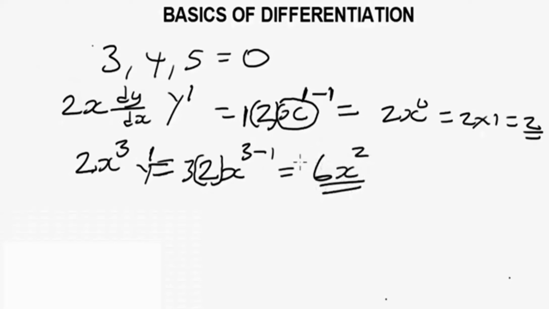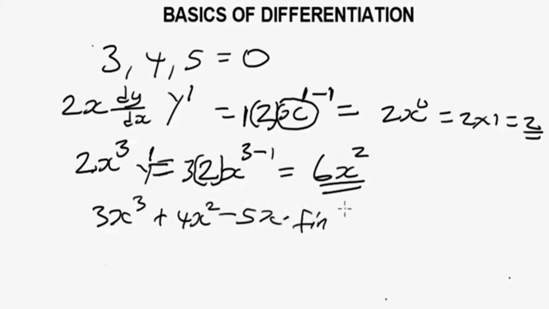Now let's look at another example, this polynomial. We're given 3x raised to power 3 plus 4x squared minus 5x, and we're asked to find the second derivative, which is y double prime.